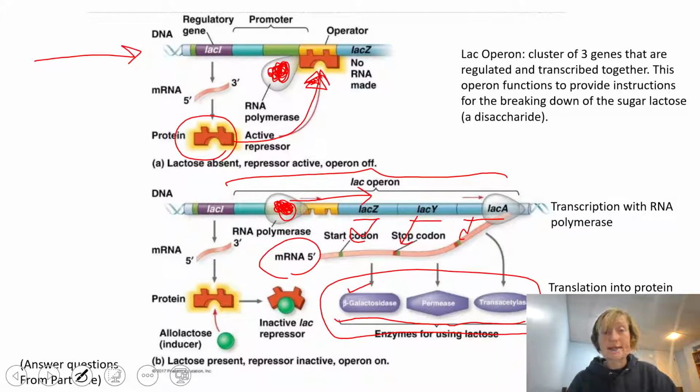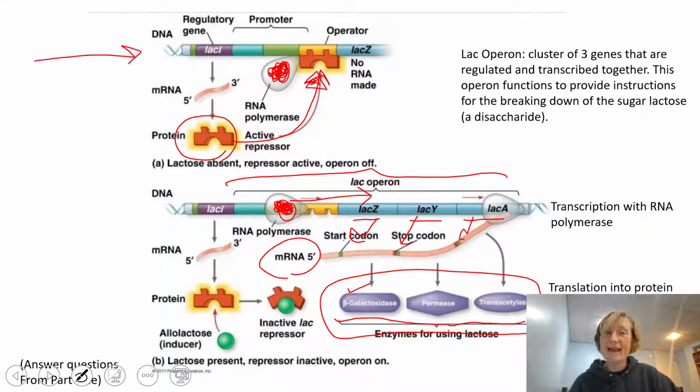Yes, it is. Here's how it works. This set of genes codes for enzymes that help break down lactose. But lactose isn't that common in the environment. It's not always around, and it's not bacteria's favorite source of energy. So if there's lactose in the environment, this whole operon is turned on.